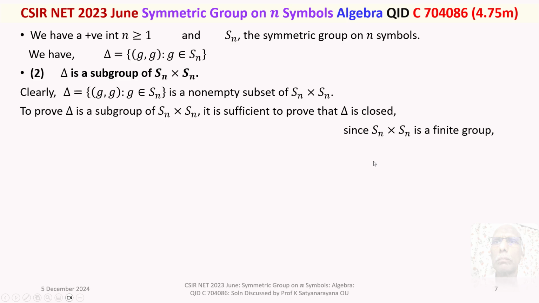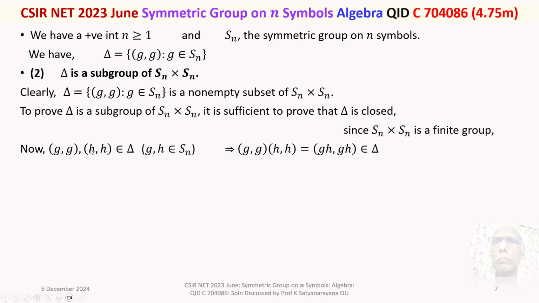Right. So we now take (g, g) belongs to delta, (h, h) belongs to delta. Who are g and h? They are elements of Sn. We will multiply, compose them: (g, g) composed with (h, h). By the definition of the product in Sn cross Sn, which is component-wise, we get (gh, gh), they are equal.